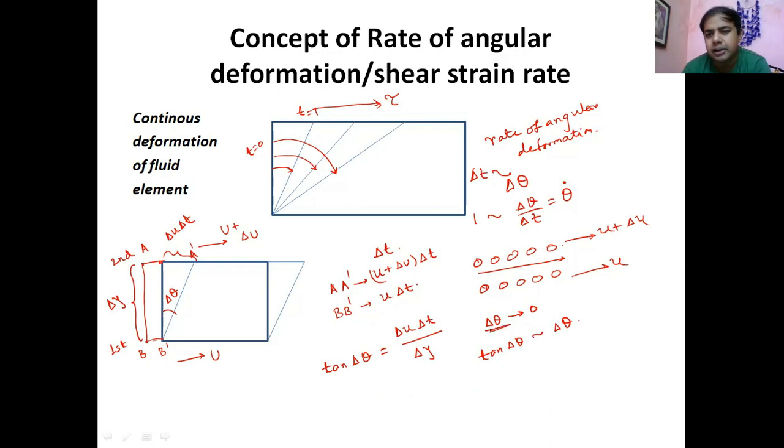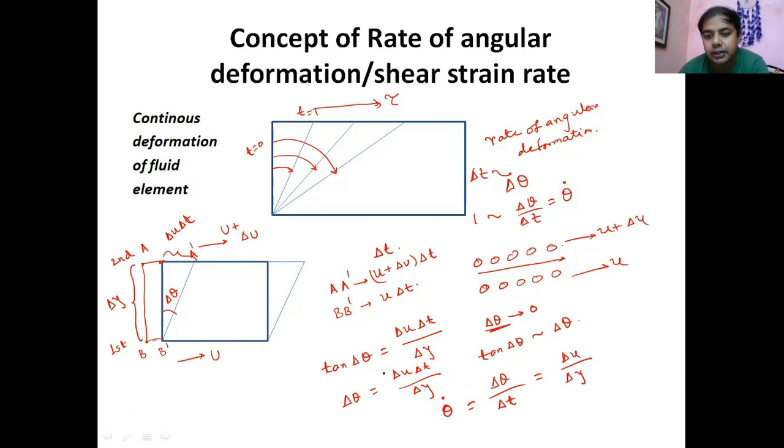If the theta value is small, tan delta theta can be written as delta theta. So delta theta equals delta U delta t by delta y. Then delta theta by delta t, the rate of angular deformation, is equal to delta U by delta y.